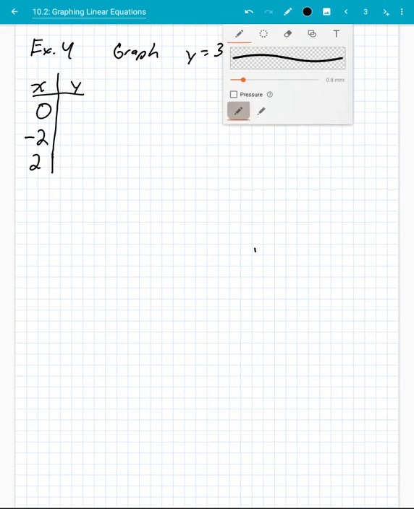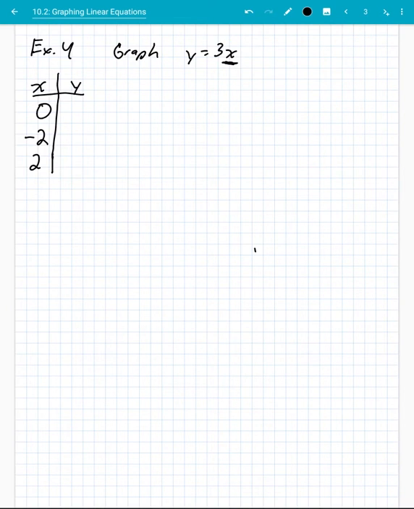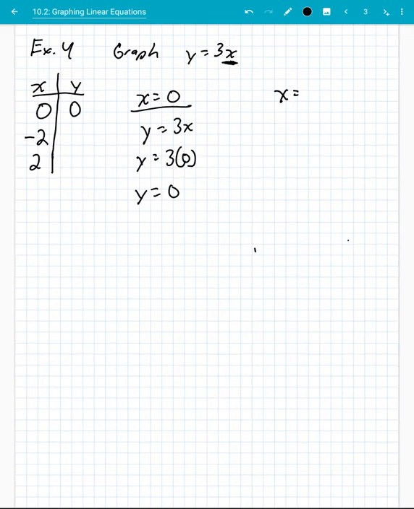No matter what value I put in for x, it already spits out a y value because y is solved for by itself. So when I evaluate y equals 3x, y equals 3 times 0, so y is equal to 0 for that one. If we plug in x equals -2, y equals 3 times -2, that gives us y equals -6. So solving for y makes it a lot easier.